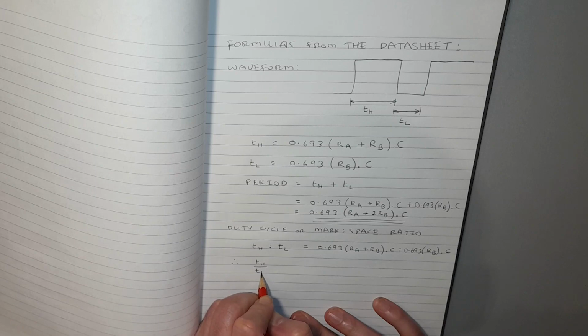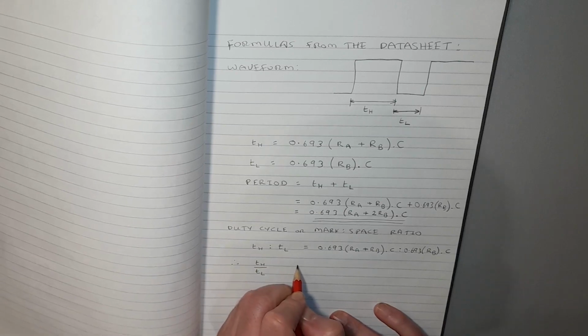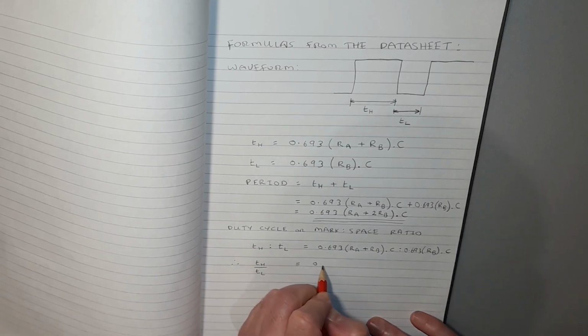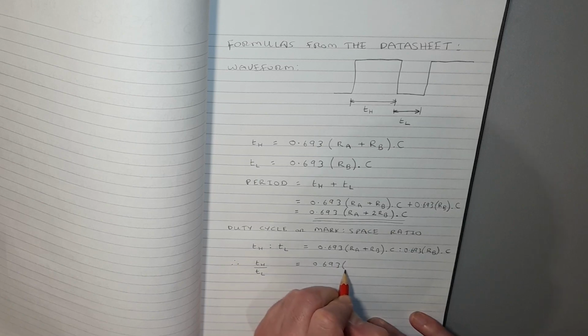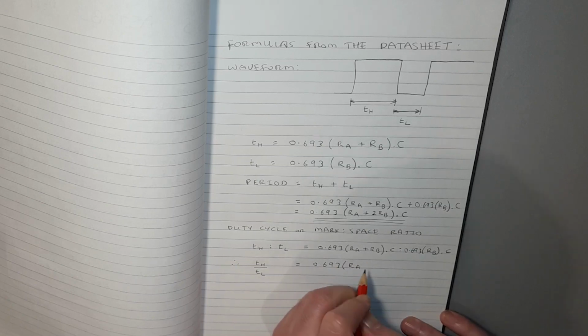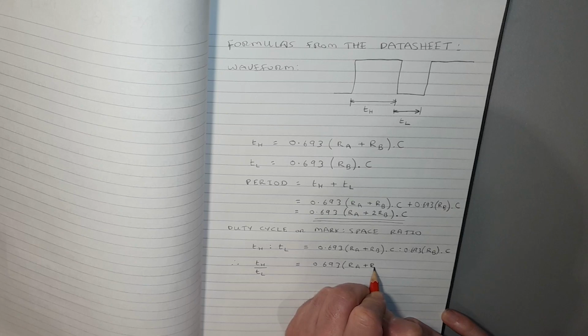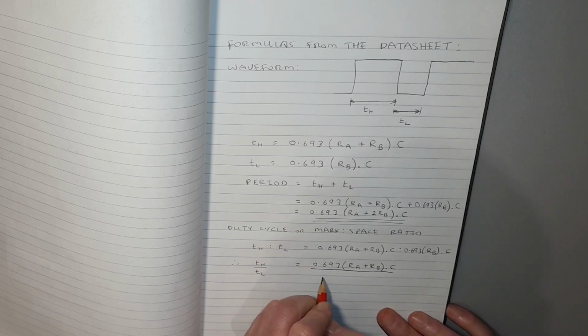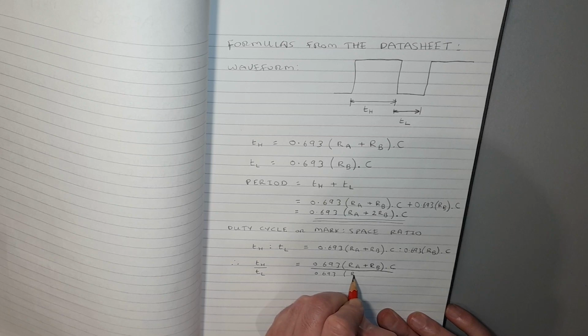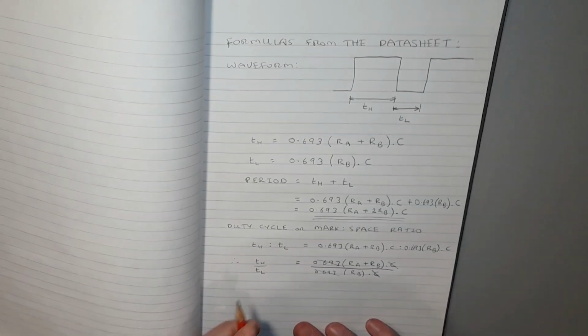In other words, the mark time over the space time. So that's 0.693 of RA plus RB times C over 0.693 of RB times C. And you can cancel out the 0.693s from the numerator and the denominator, and you can also cancel out the capacitor value from the numerator and the denominator.